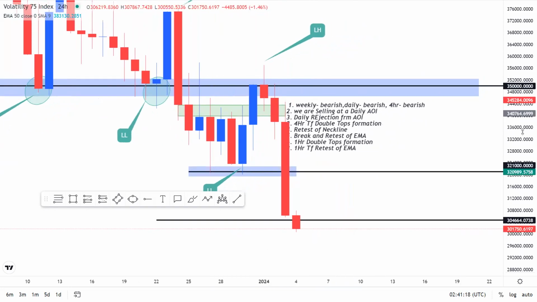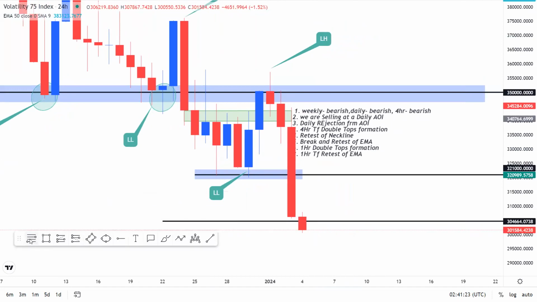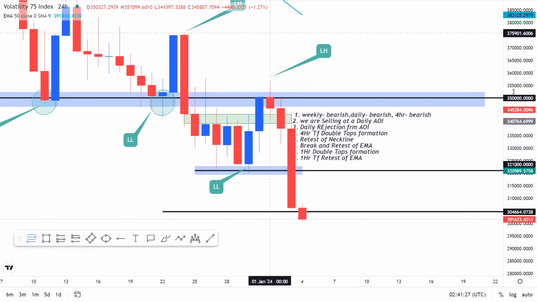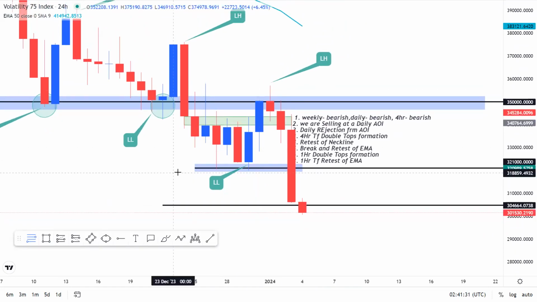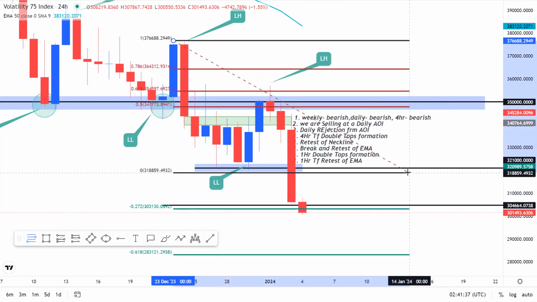And then I had a second level target right at the Fibonacci 27.8 extension level.